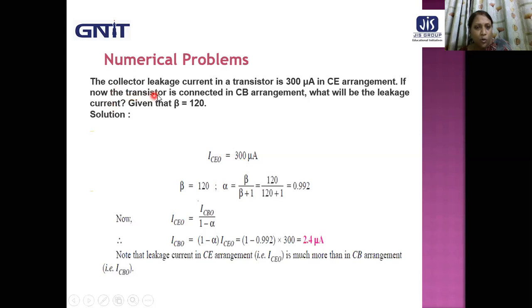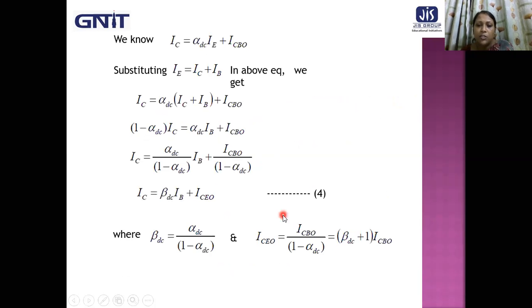If we go through the first problem, the collector leakage current is given as 300 microampere for common emitter configuration. Beta is given, and we have to find the leakage current for common base configuration. So with leakage current ICEO 300 microampere and beta given, we find alpha. Alpha comes to 0.992. Now we know ICEO equals ICBO by 1 minus alpha, as shown in the last slide.